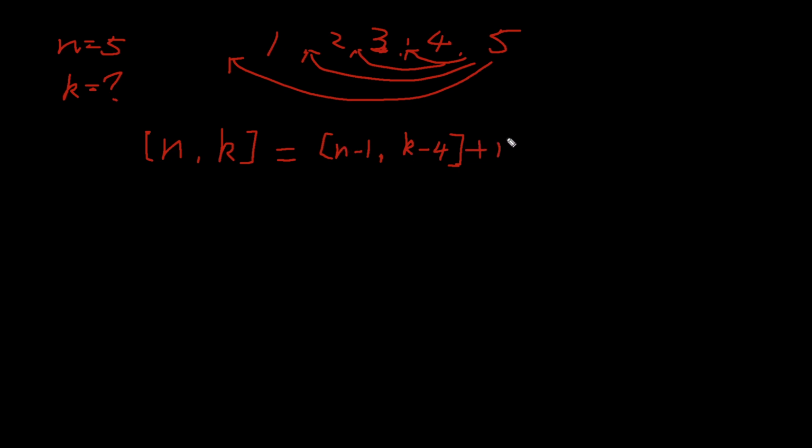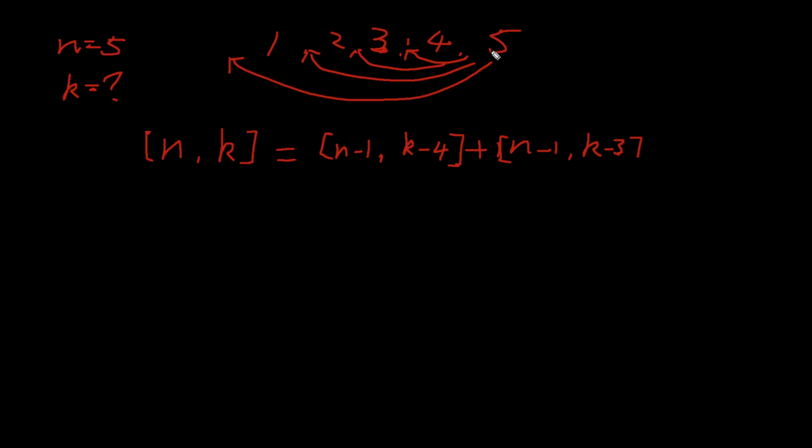And then we have what? So we can also move 5 to here, right? So it's going to be n minus 1, k minus 3, right? Because by moving 5 between 1 and 2, we are creating 3 inverse pairs. So as you guys can see, though these different options, we need to accumulate them together since we're calculating the total permutations, right?